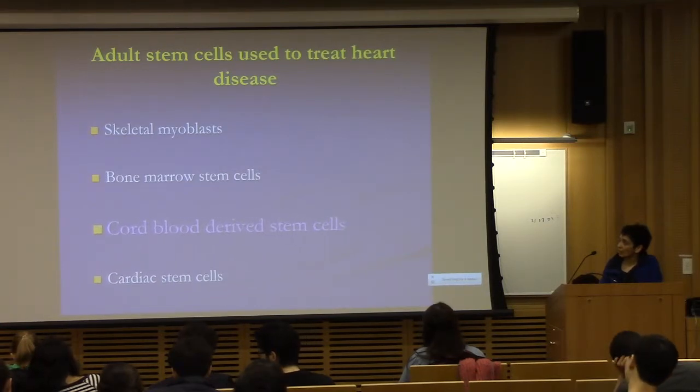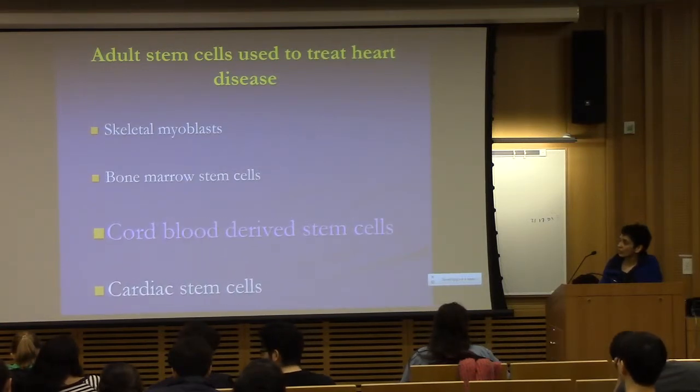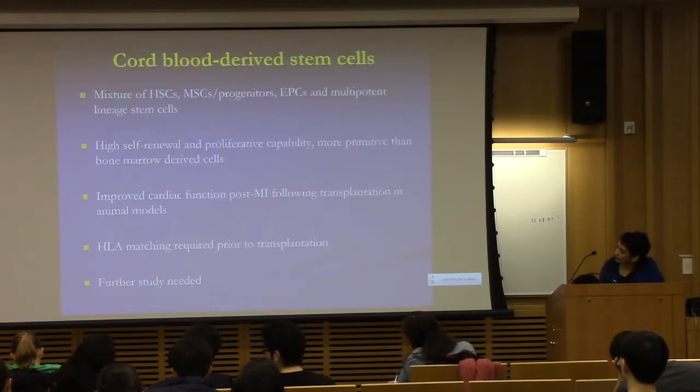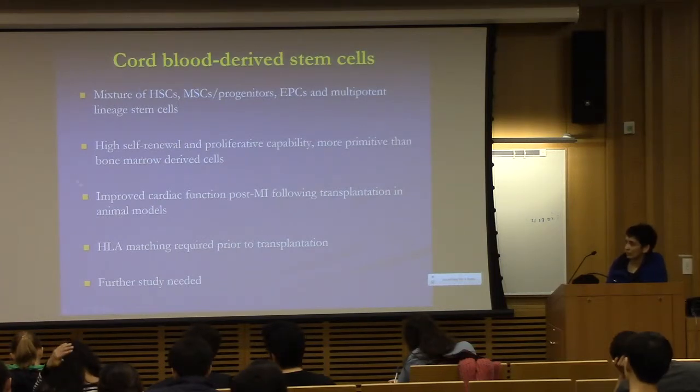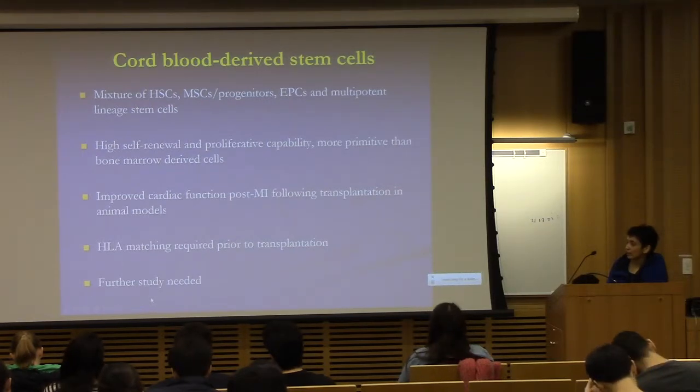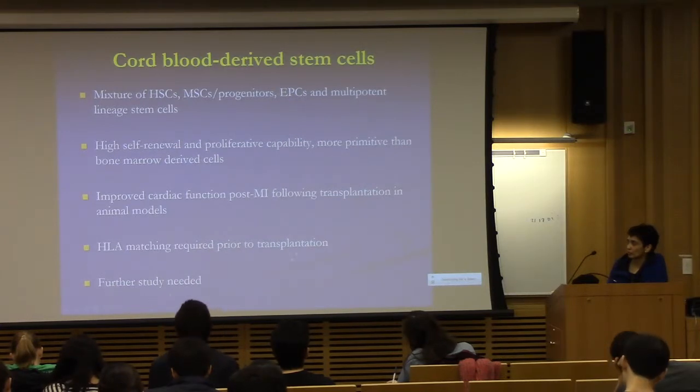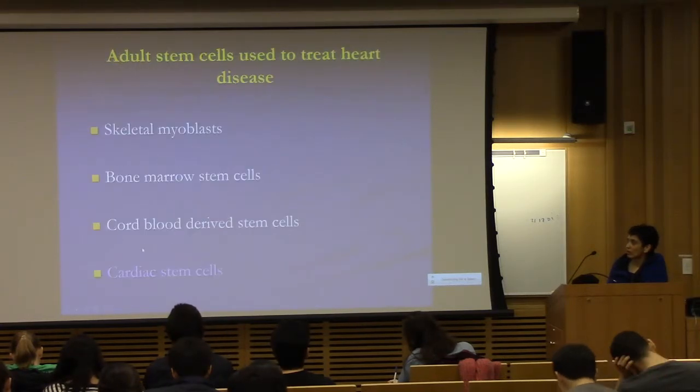So cord blood-derived stem cells are interesting. Again, they are a mixture of different cell types. In experimental studies, they haven't been shown to improve cardiac function. You need HLA matching, and there are not many studies on them just because of all these immunologic issues.